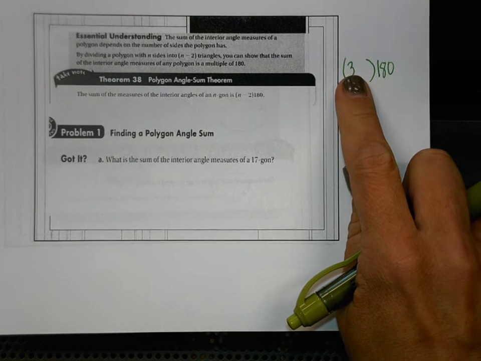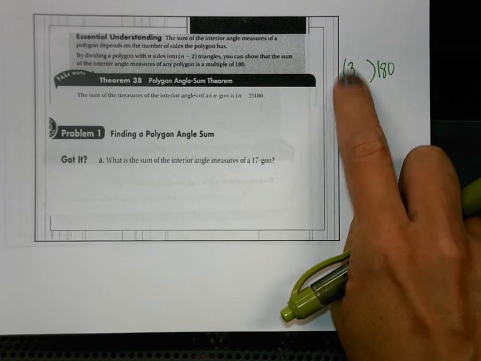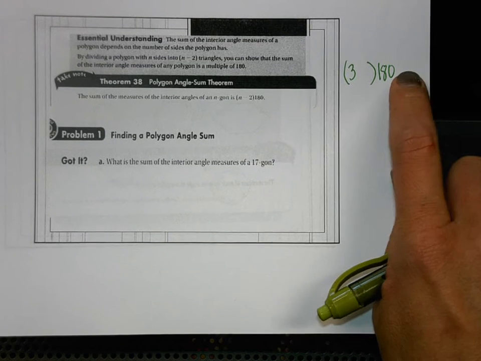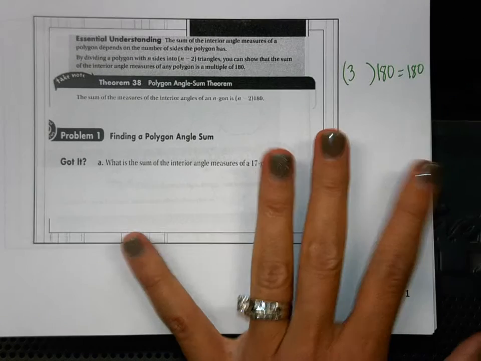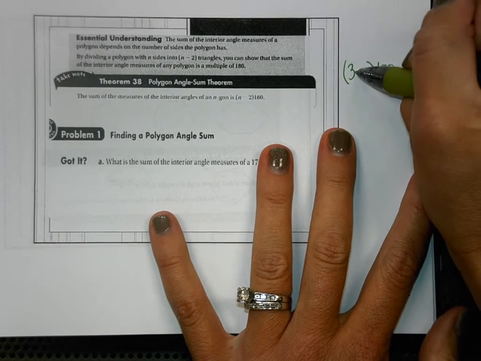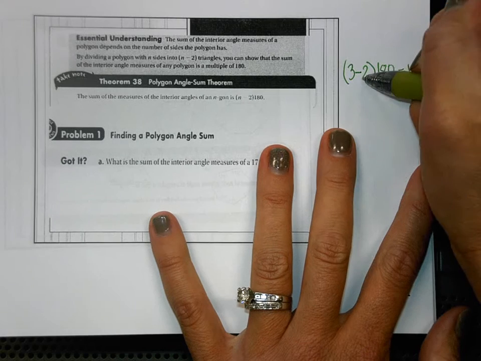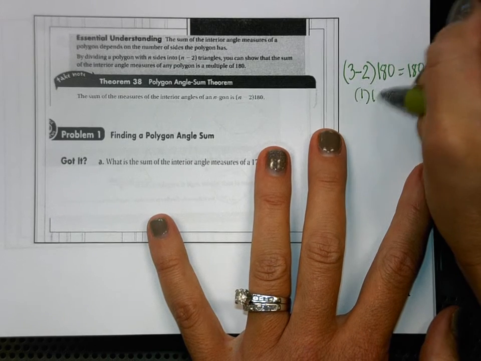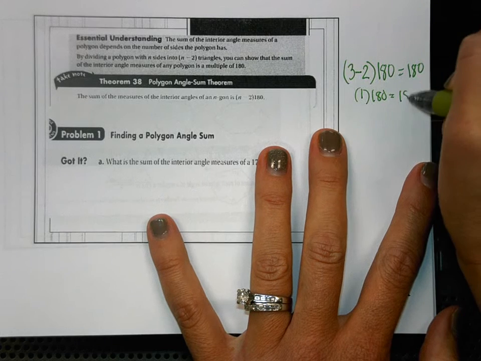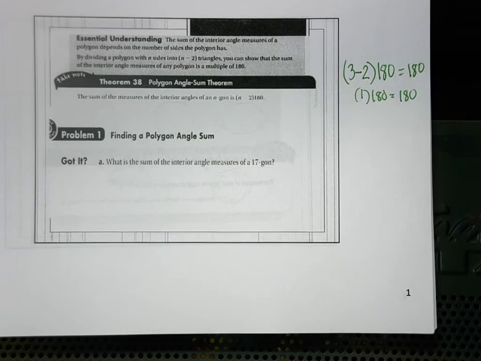What would I need to do to 3 in order to make it equal 1, and when we multiply it times 180, I'd get the answer of 180? 3 minus what makes 1? 3 minus 2 makes 1. And 1 times 180 equals 180.